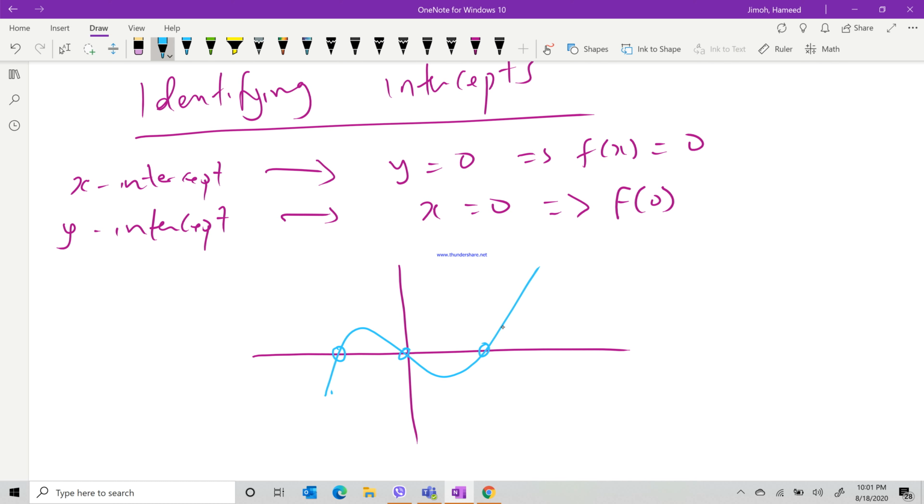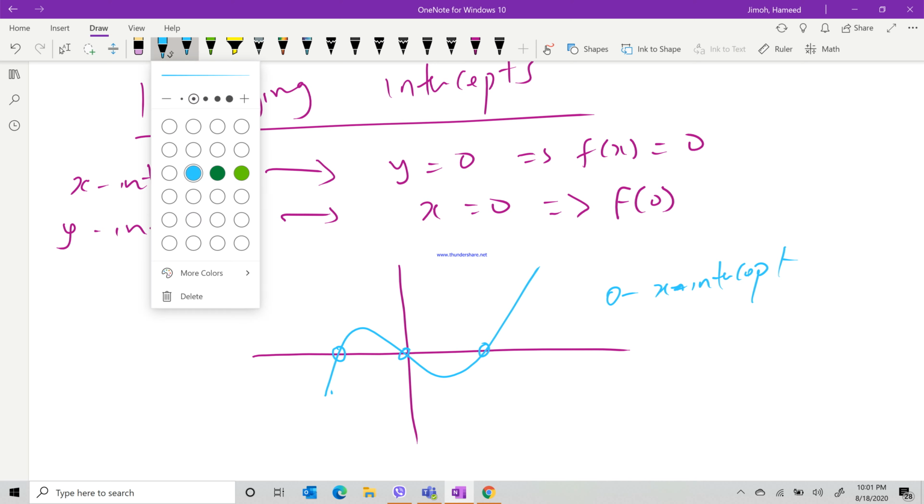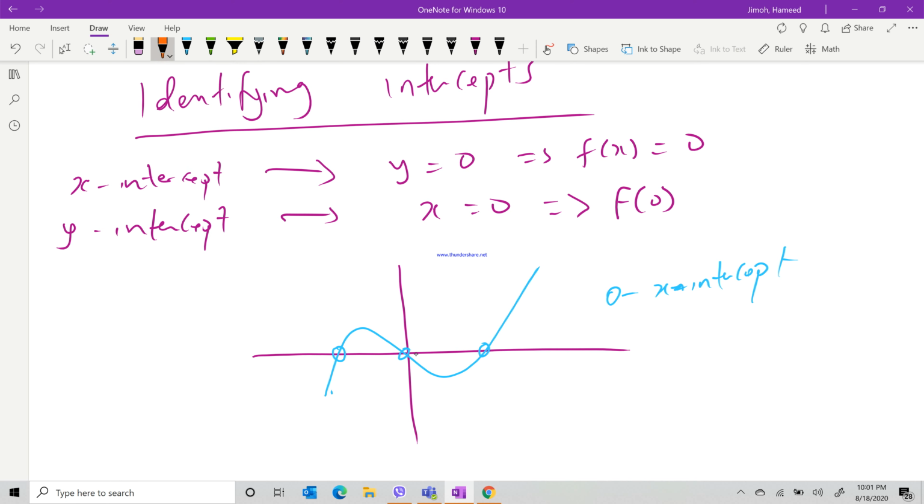Those points are called the x-intercepts. And then the graph actually cuts the y-axis at this point, and that is the y-intercept.